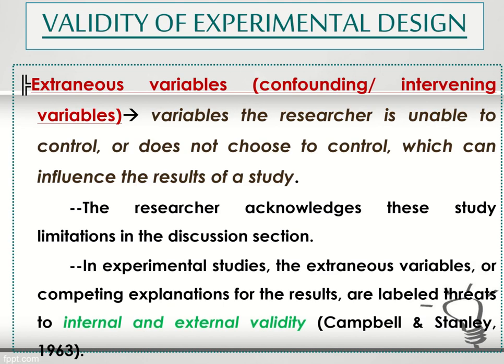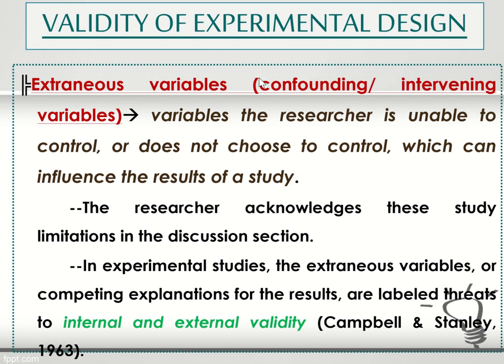In experimental studies as well as in other types of research, the researcher is interested in controlling extraneous variables that can influence study results. So when we say extraneous variables, they are those variables that the researcher is unable to control or does not choose to control, and which can influence the results of a study.